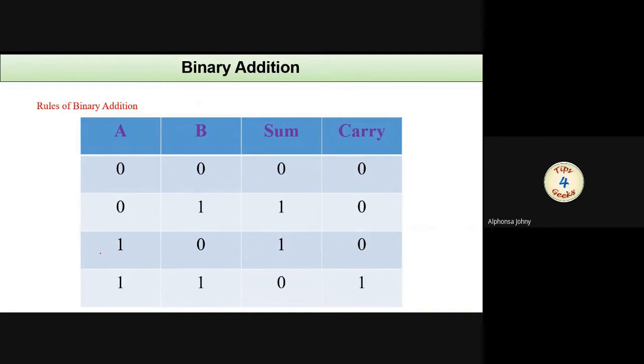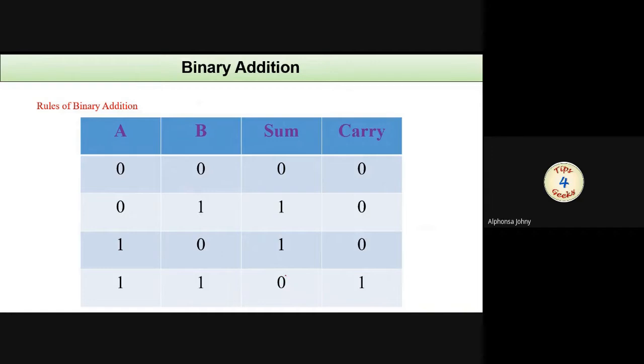We also know that in the binary number system, there are only two symbols, 0 and 1. So we need to consider only the different combinations of 0 and 1. Next, both A and B are 1. So 1 plus 1. We know that 1 plus 1 is equal to 10. In a single bit position, we cannot write 10 together.